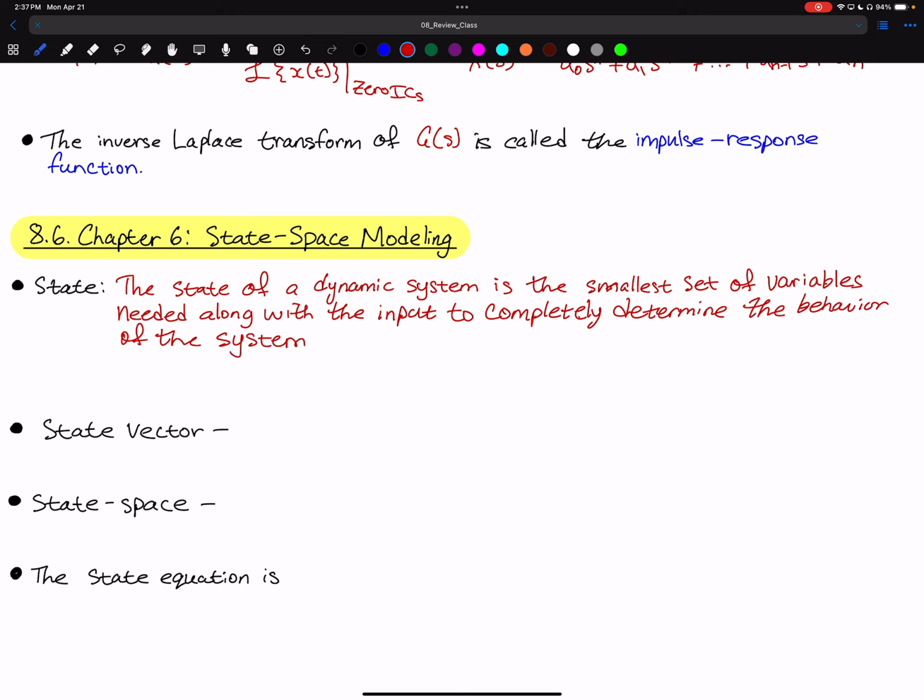And so this set of variables is called the state variables.